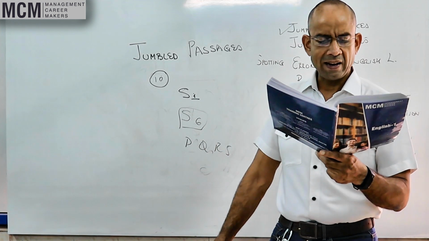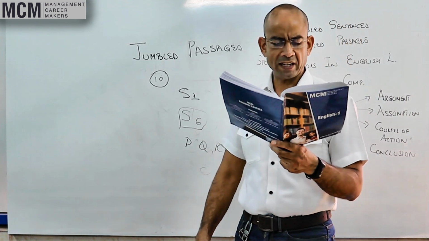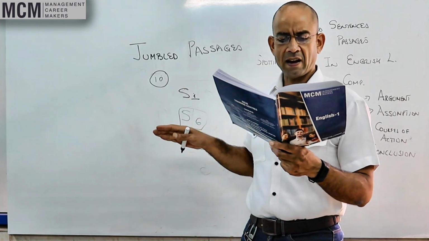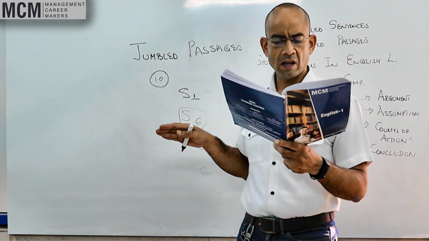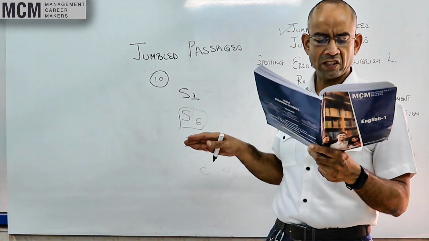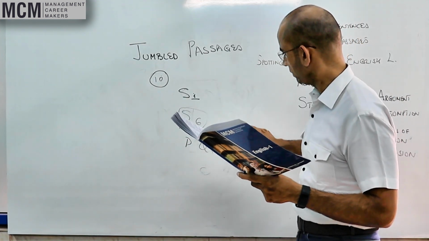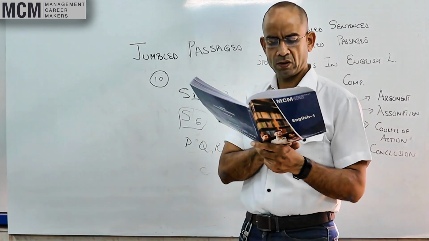If borrowing is bad, lending is worse. If you look at S, borrowing of a habitual nature prevents us from being industrious. This is actually the next line. So it's S. Is there any option starting with S inside your book? Yes. Go to option D.